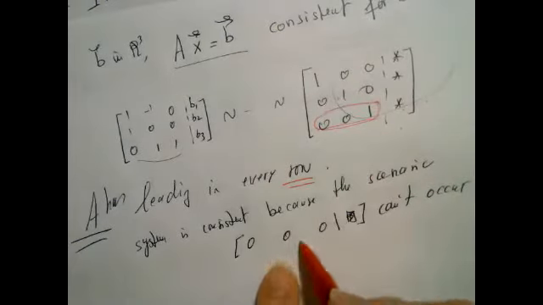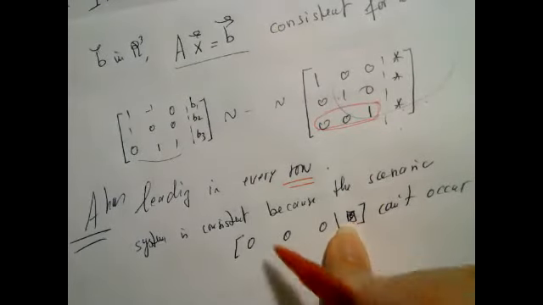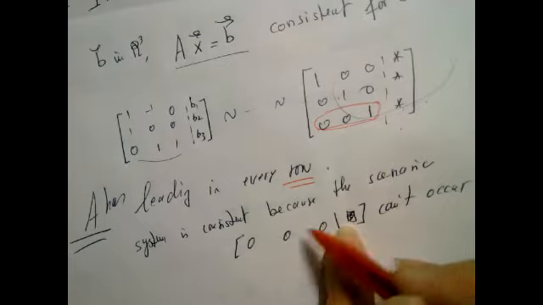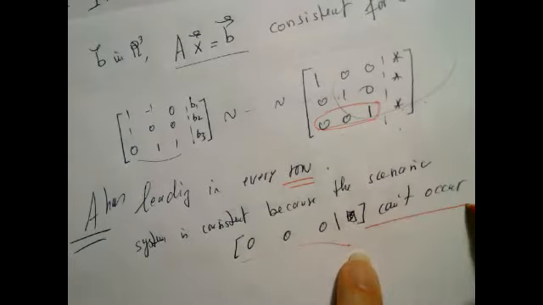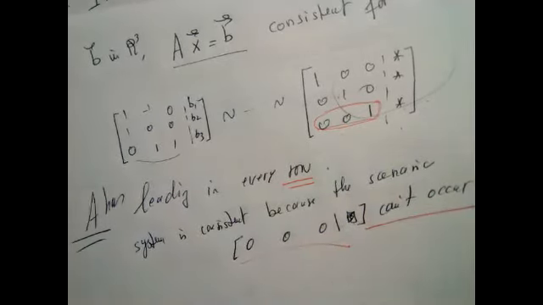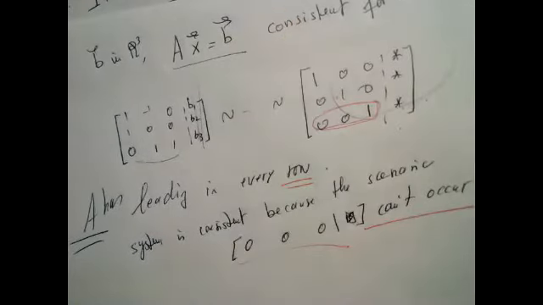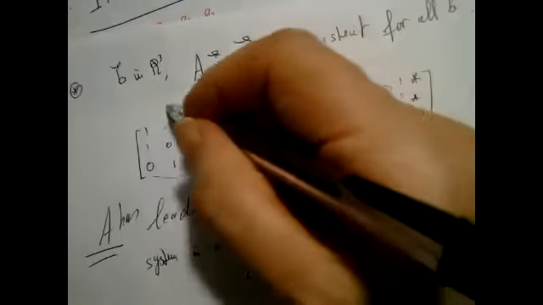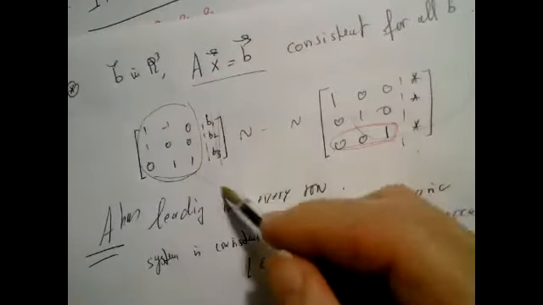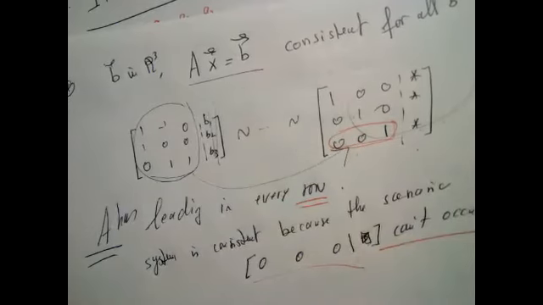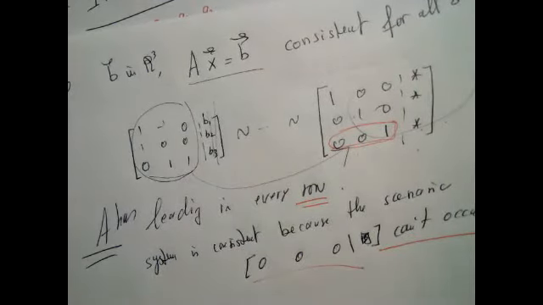So I cannot have 0, 0, non-zero for the augmented, because every one of the rows has a leading entry. So this scenario cannot occur. It means I always have consistency. So no matter what I put here, I'm going to have a solution. And this is really all tied down to the fact that this matrix A was actually equivalent to the identity, which also caused the invertibility of the matrix.